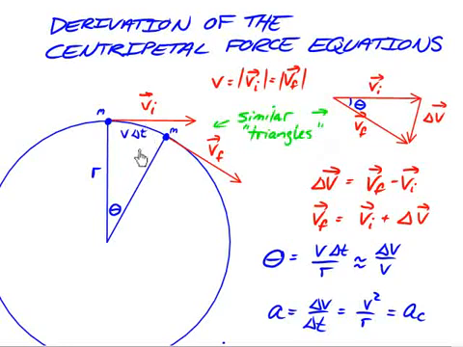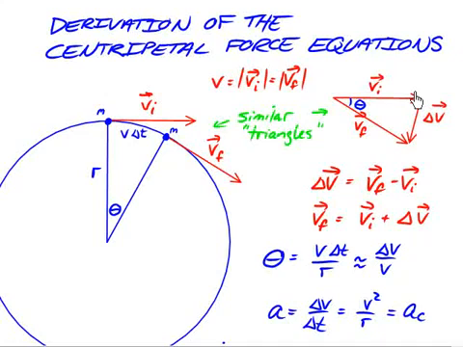But again, if delta t is very short, then the curvature there is just not important. And so we have two triangles that are similar. And what that means is that the ratio of corresponding sides in the two triangles is the same.